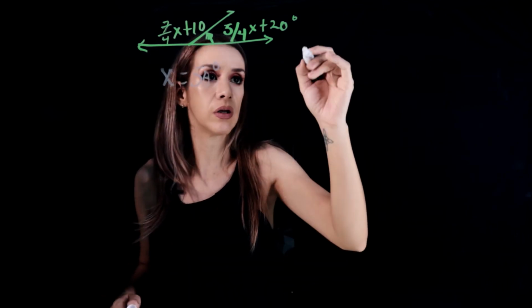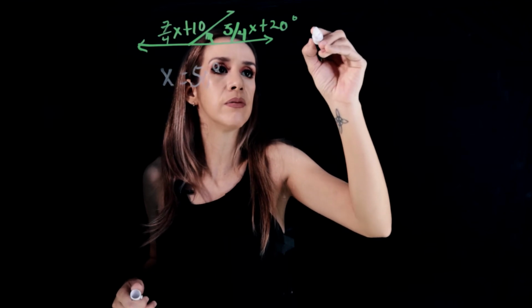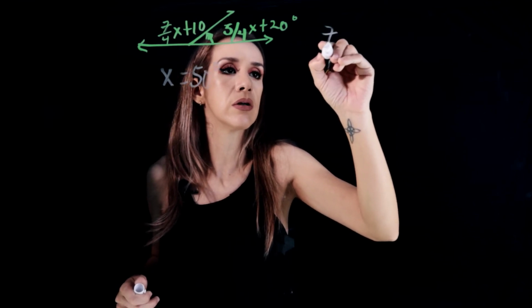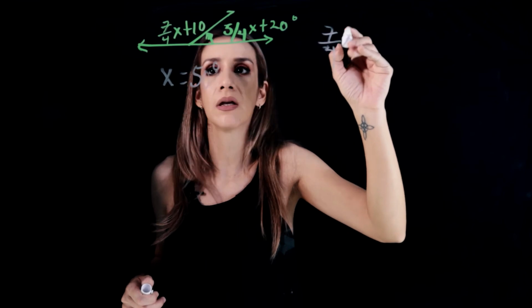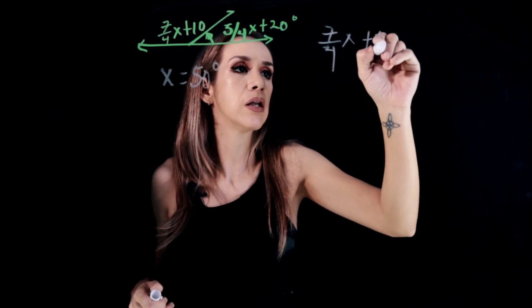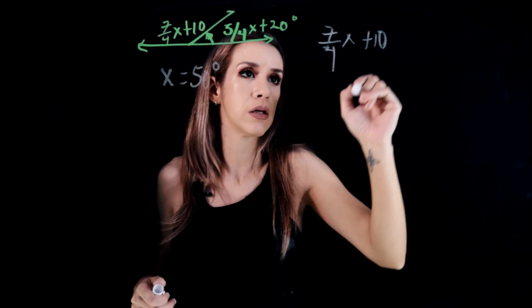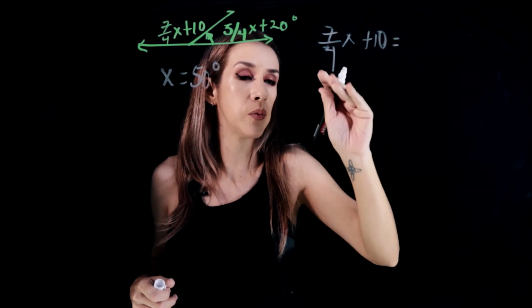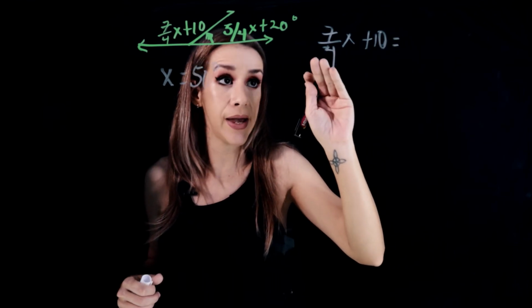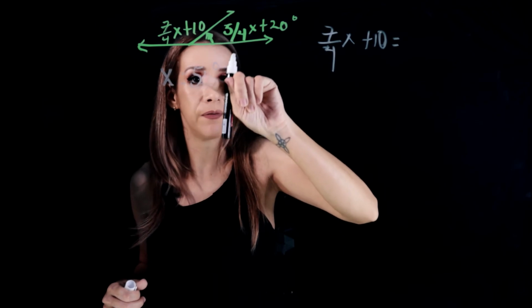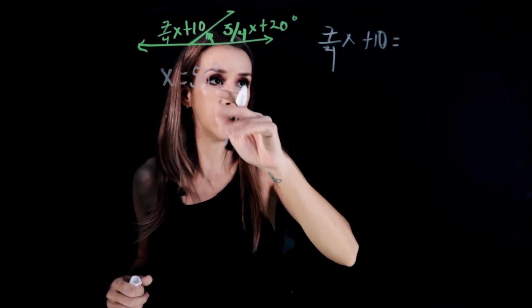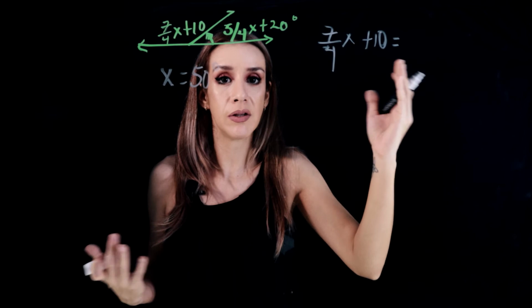For the first one, 7/4 of x plus 10 is equal to, we're going to change the value of the x by the 50 degrees that I just obtained, and we're going to calculate the result of that.